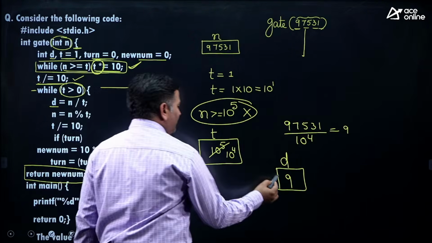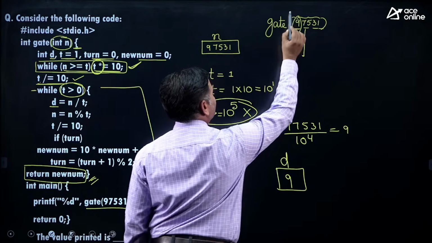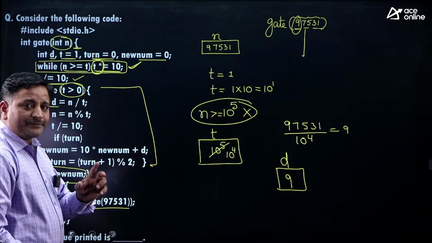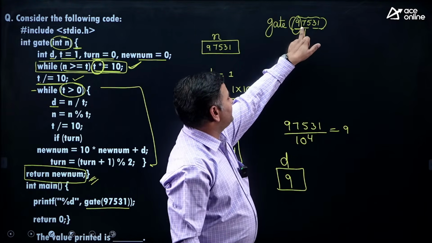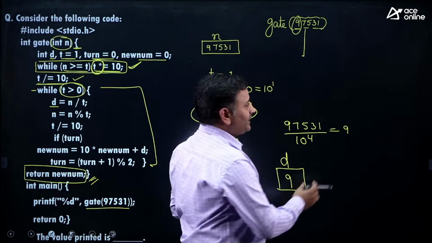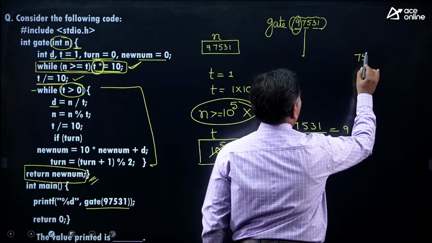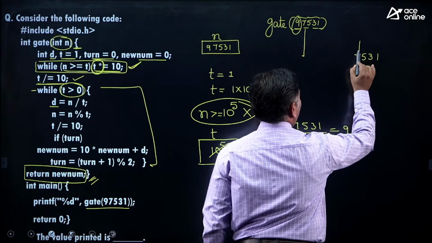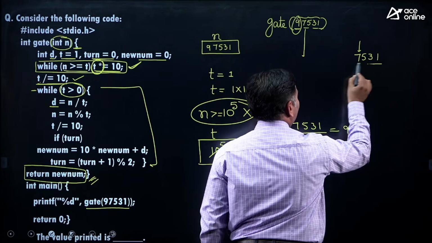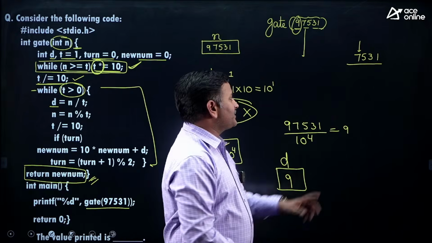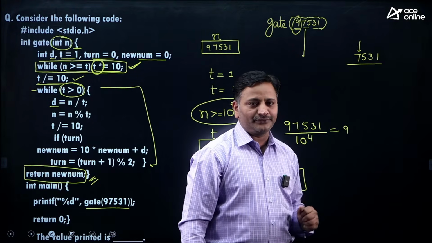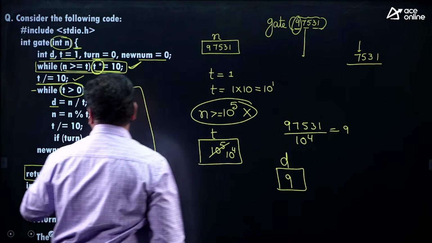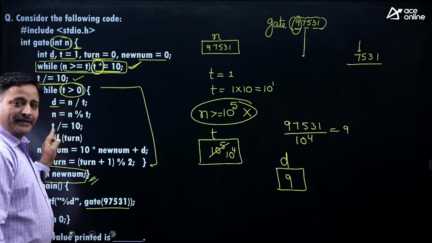Therefore d becomes 9. After d becomes 9, if you want to extract the next digit, just think logically, that is 7,531. Definitely the denominator value must be in terms of 1000 only, not 10,000, right? That is the reason I am reducing t is equal to t by 10.